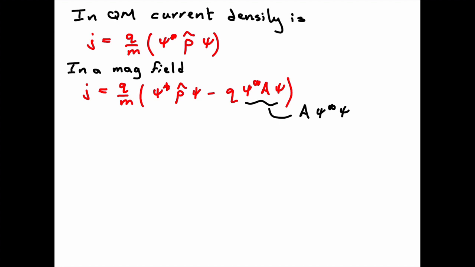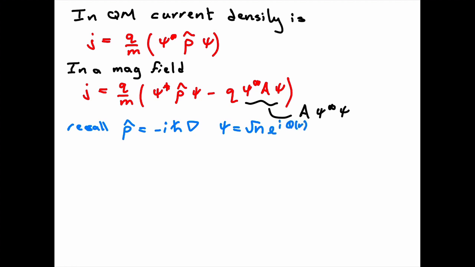Now I am going to do this for my superconducting wave function. So first of all, recall that P hat is equal to minus i h bar grad. In 1D that would be d by dx, but we're in 3D. And the other thing is we've got a superconducting wave function, so psi is equal to the root of n e to the i phi of r.